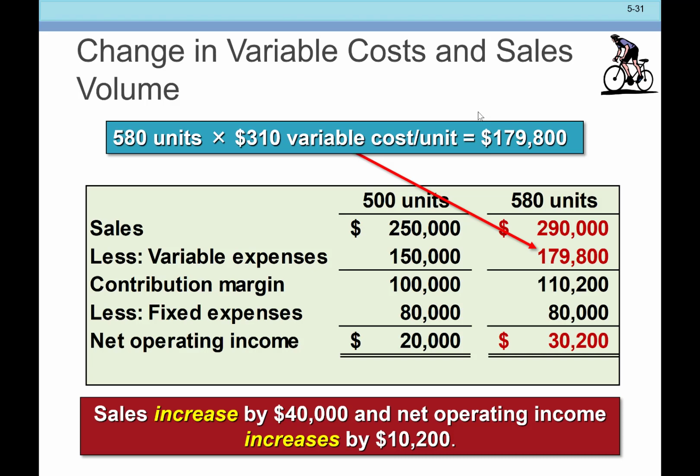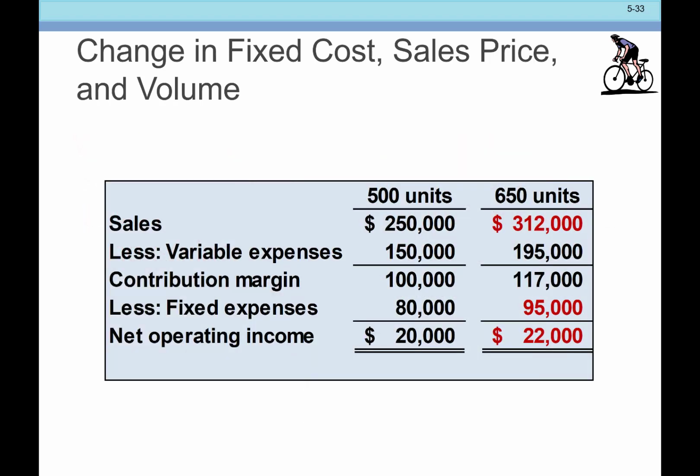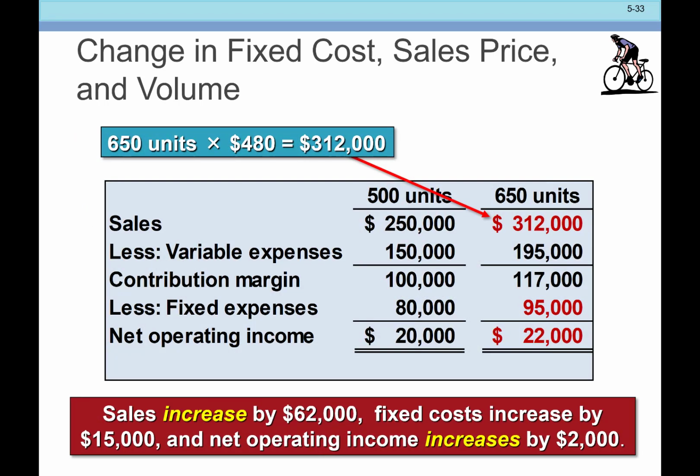Okay, good. Let's take a look at another scenario. The bike company cuts its selling price by $20 per unit, with an increase in advertising of 15,000, and they think if they do all this, that will increase the sales from 500 to 650. So now we have 650 units times 480 per bike, not 500.